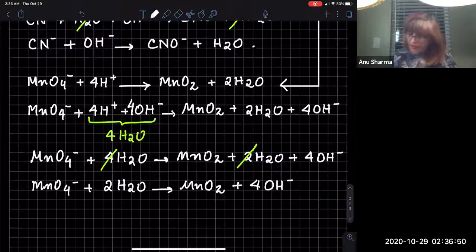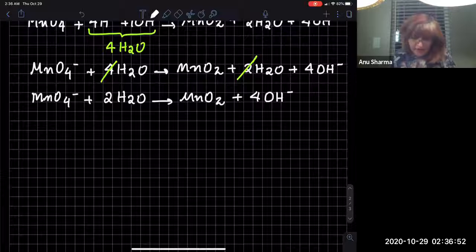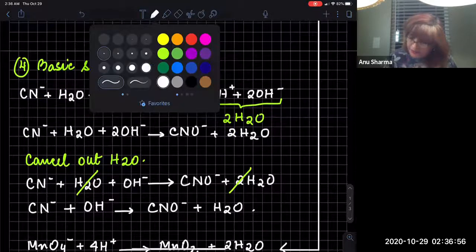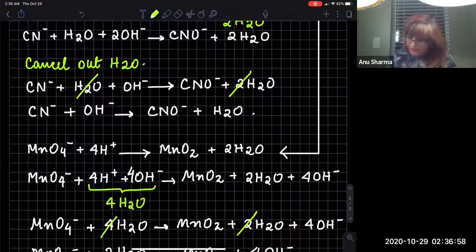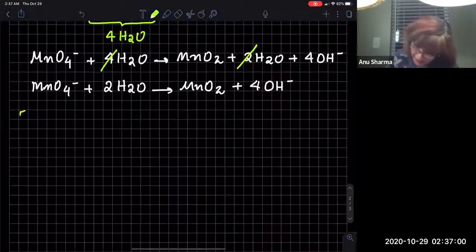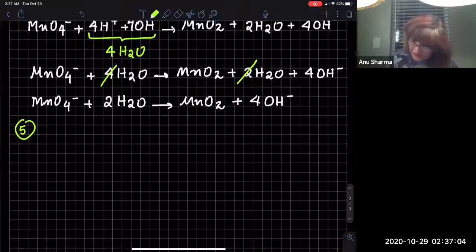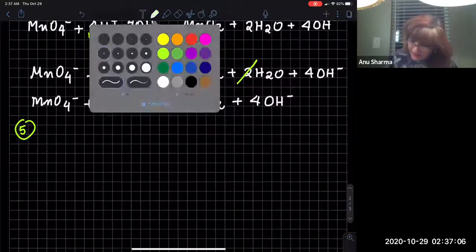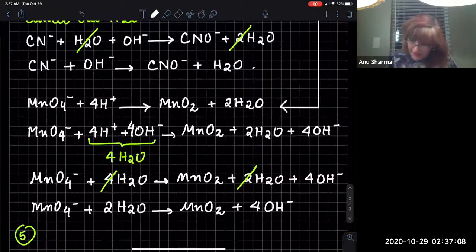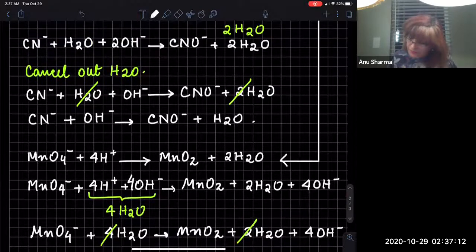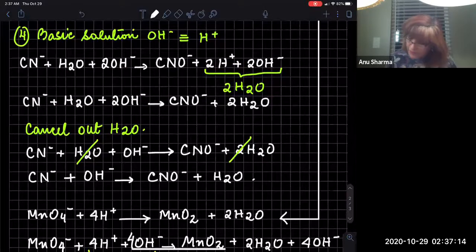Okay, so we have these two sets now, and we are going to just combine them. So let's combine them in the fifth step. I'm going to put all this down here. We have CN⁻ plus 2OH⁻. Oh, sorry, I forgot to copy this down. So this is the 2OH⁻.